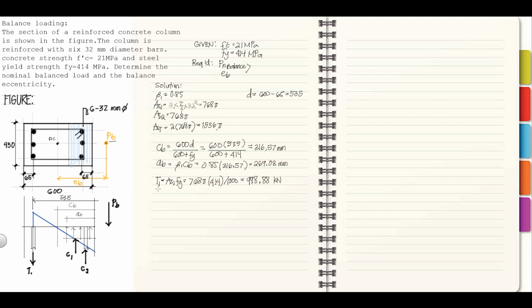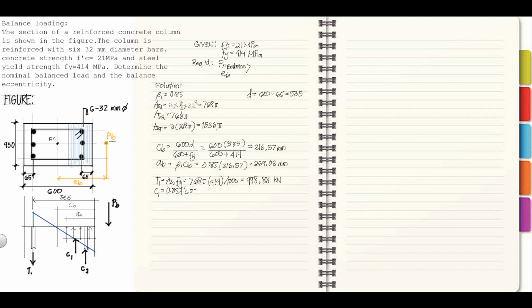Okay? For C1 naman. For the compressive force due to concrete, C1, so we will have the formula, the stress, 0.85 F prime C, tama ba?